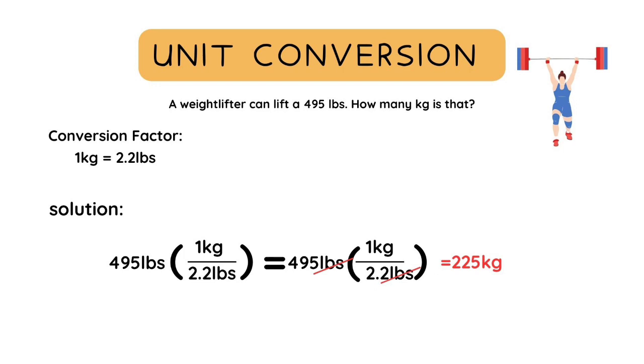A fraction must be added into the equation: 1 kilogram in the numerator and 2.2 pounds in the denominator so that the units would cancel out. So in this equation, 495 pounds multiplied by 1 kilogram over 2.2 pounds is equal to 225 kilograms, meaning a weightlifter can lift 495 pounds, meaning he can also lift 225 kilograms.